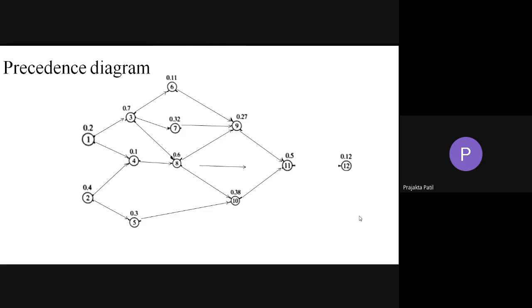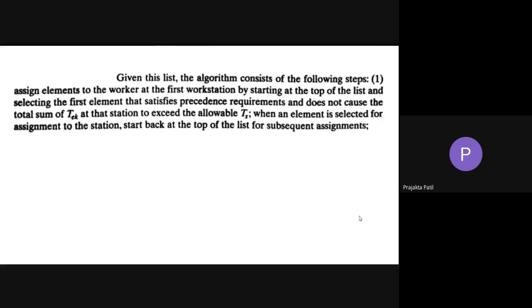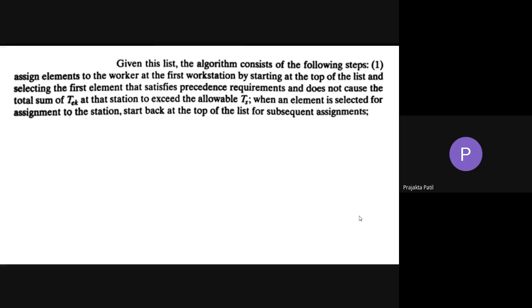So this is the second step. You have the precedence diagram drawn. After this comes the most important thing. These are the steps that you have to follow once you finish the first two steps. Here it is basically all these line balancing algorithm.